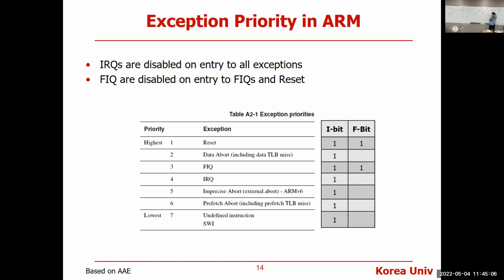Okay, what do you think? The software interrupt will be taken. Why? Why will the CPU take that software interrupt even though the I bit is set to 1?